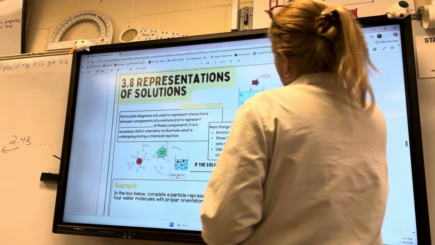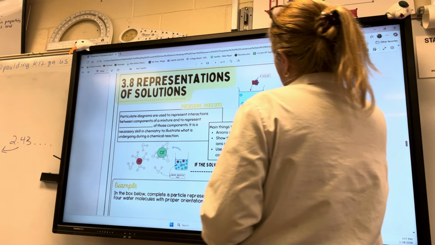Representations of solutions. Particulate diagrams are used to represent interactions between components of mixtures and to represent concentration. Use your little brackets to mean concentration.